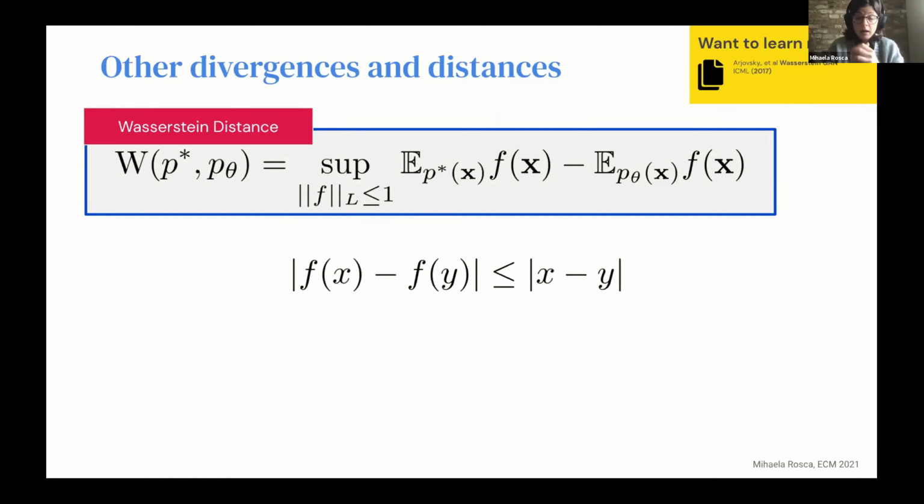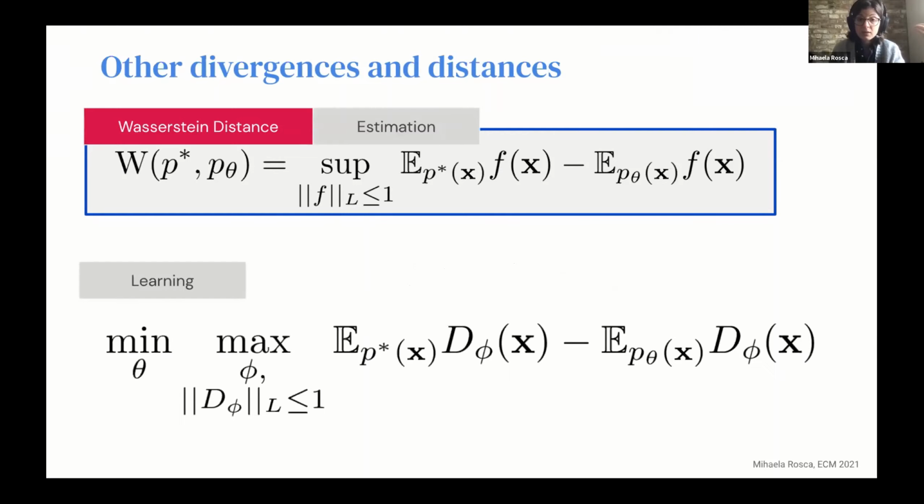So one idea here is to say, well, I'm going to use a neural network to approximate the supremum. So what we're going to do is use a discriminator. The discriminator will now become our function f, and as in the definition of the Wasserstein distance, it will try to maximize this difference in expectations, and the neural network is going to be regularized such that it is one-Lipschitz.